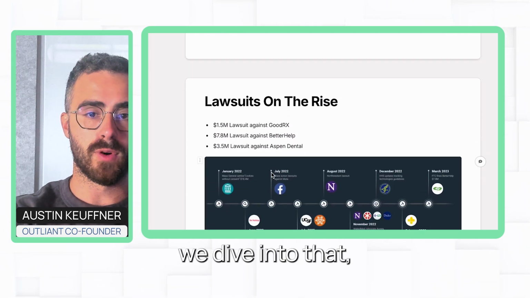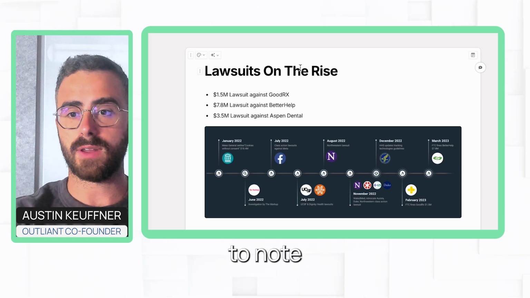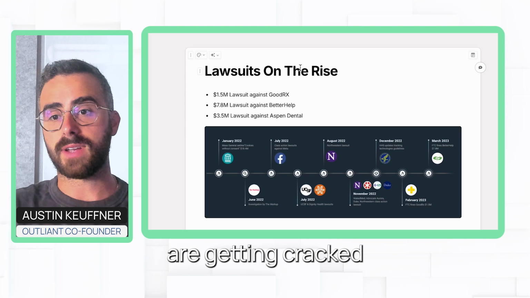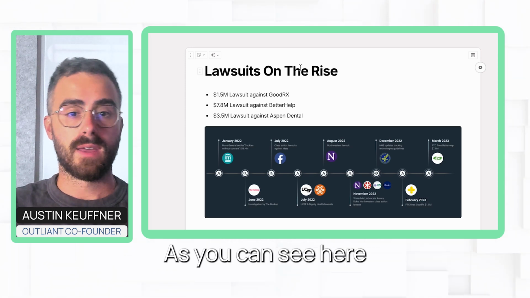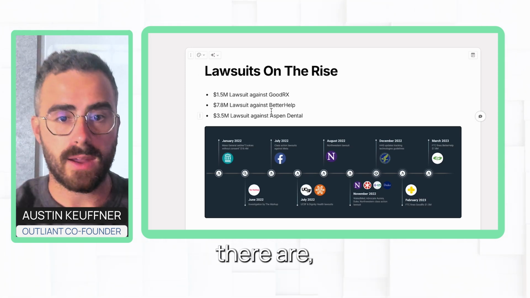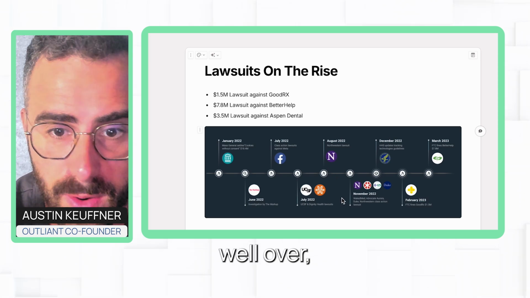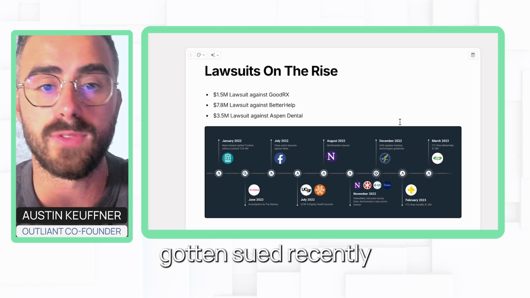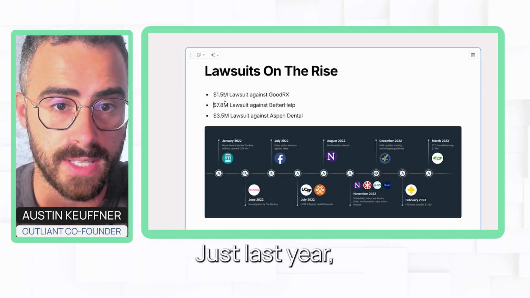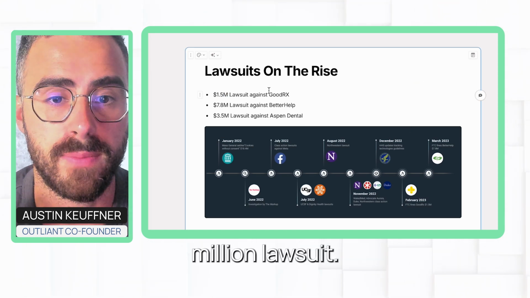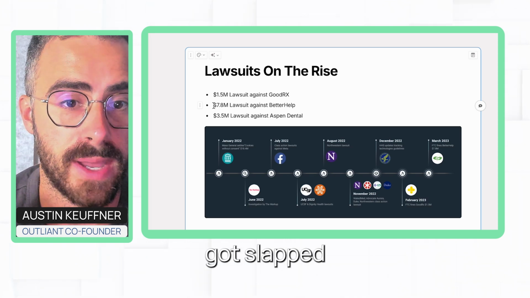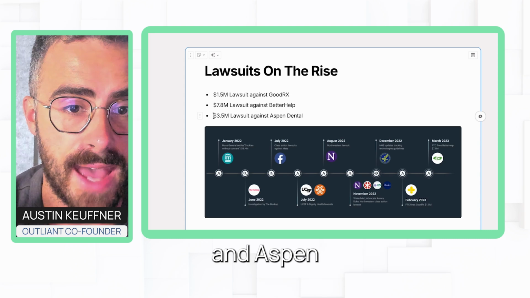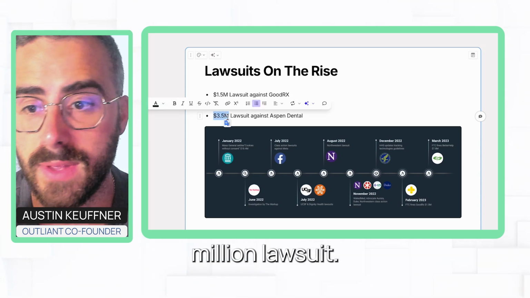Before we dive into that, though, it is important to note that lawsuits are on the rise. They're everywhere, and medical companies are getting cracked down on left and right. As you can see here in this image, there are well over 10 examples of different companies that have gotten sued recently for violating HIPAA. Just last year, GoodRx got slapped with a $1.5 million lawsuit. BetterHelp got slapped with a $7.8 million lawsuit. And Aspen Dental got slapped with a $3.5 million lawsuit.